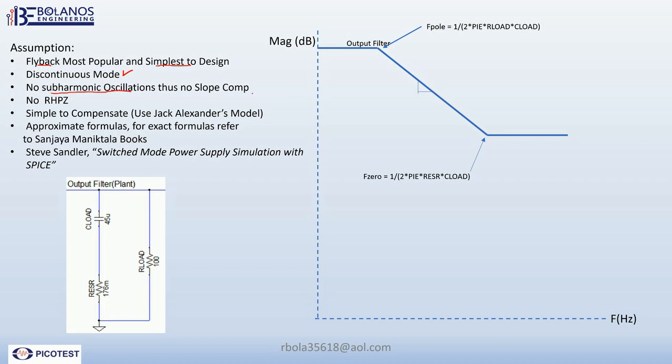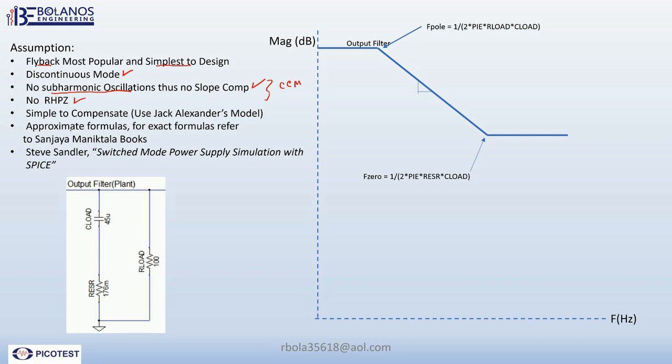If you don't have the subharmonic oscillations, it means you don't have to add a slope compensation. And because it's operating in discontinuous mode, you also don't have the right hand plane zero. If it was continuous mode, then you would have these two problems, if you decided to design a CCM, continuous conduction mode.